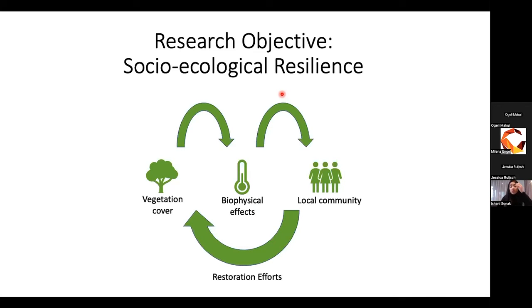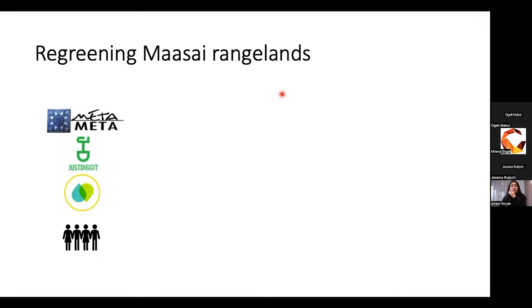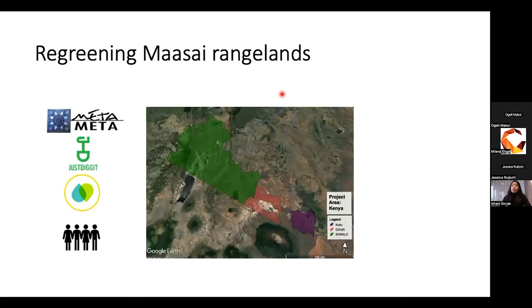That is the objective of the research: to see if socio-ecological resilience is possible using this methodology in restoration efforts. Now, narrowing down from a continental scale to a more local level, we reached out to Justdiggit, MetaMeta, Aidenvironment, along with their local partners who are implementing land restoration efforts in south Kenya and north Tanzania.